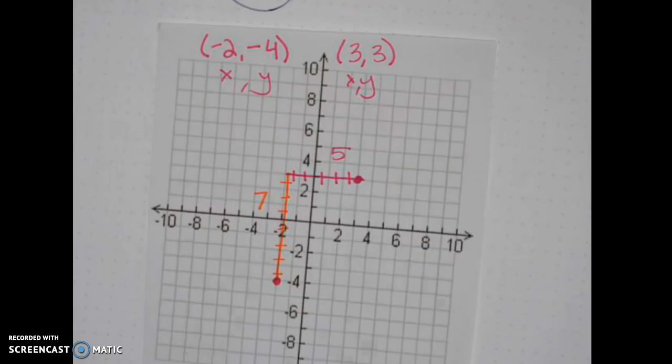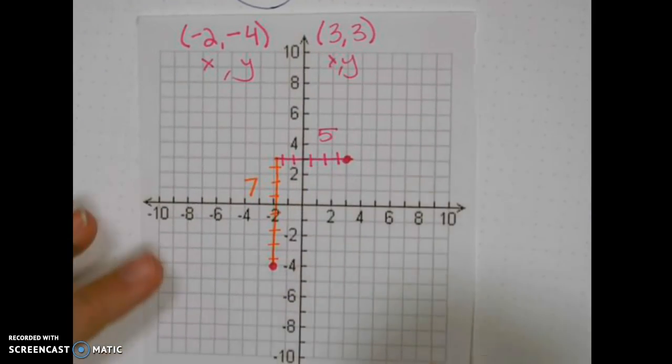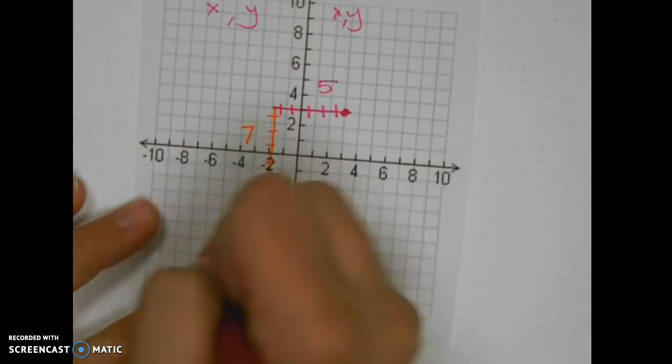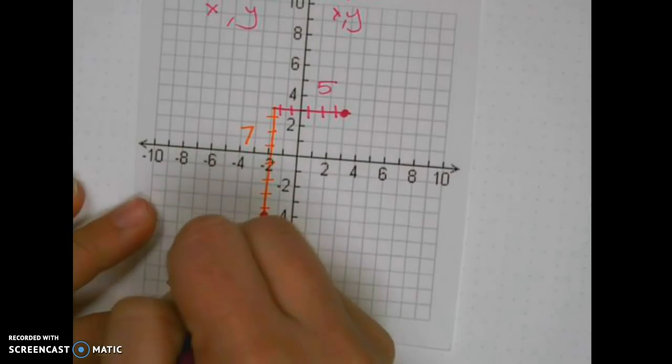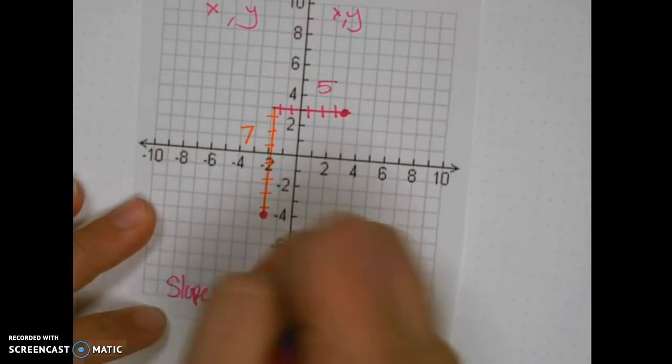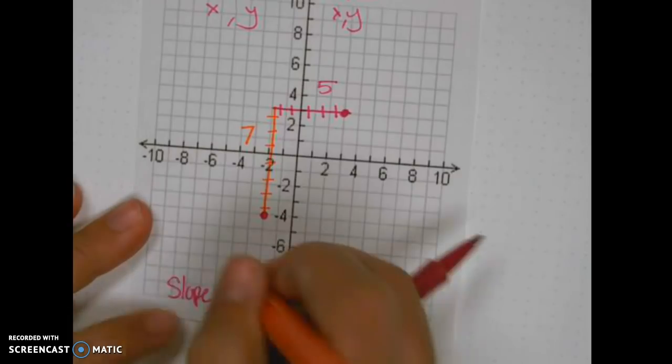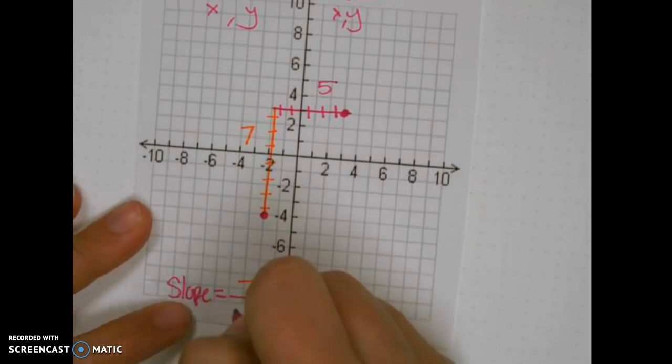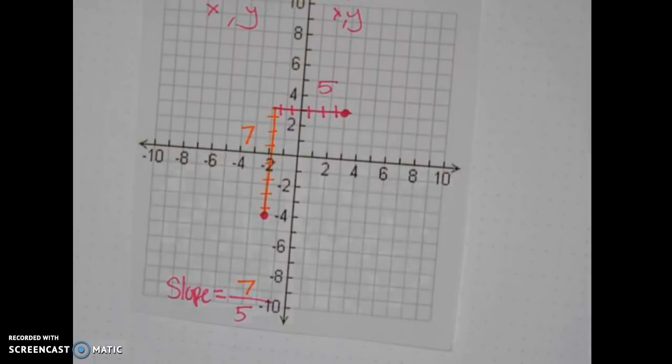So, what is my slope? My slope is rise over run. I rose 7, and I went across 5. So my slope is 7 over 5.